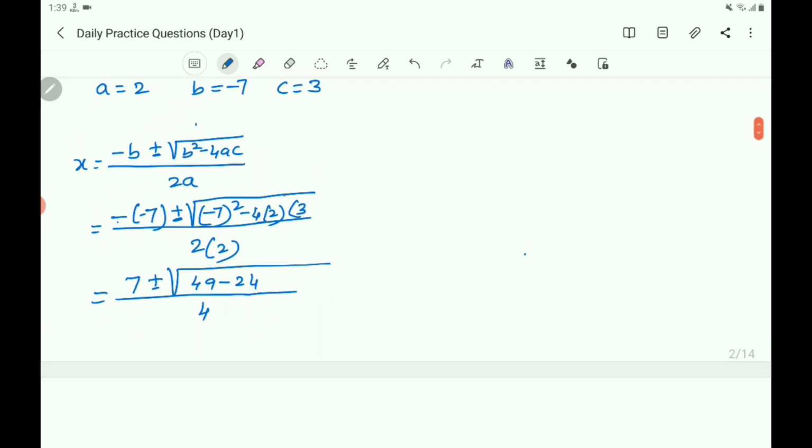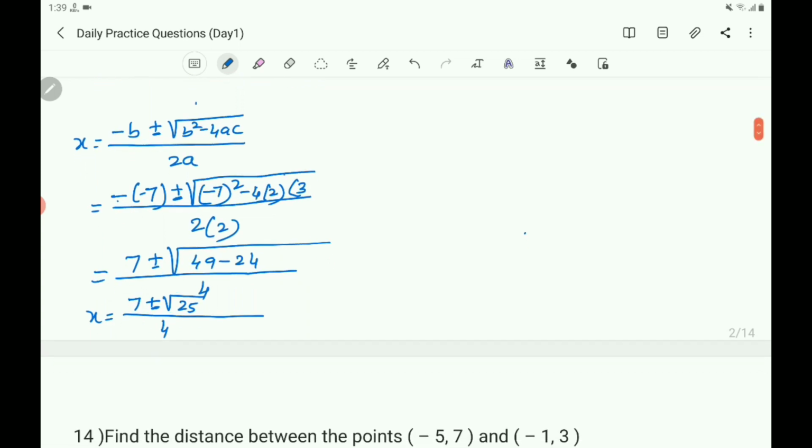So you got x equals 7 plus or minus whole root of 49 minus 24, is whole root of 25, by 4. That equals x equals 7 plus or minus, what is the value of square root of 25?